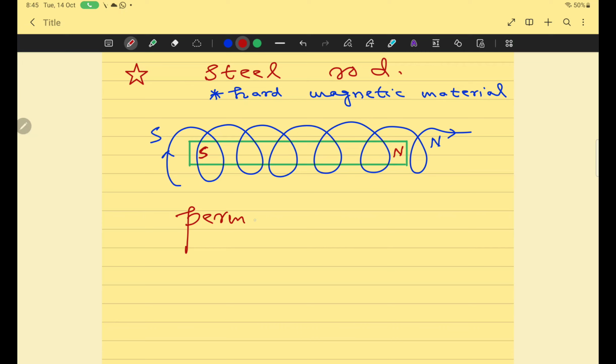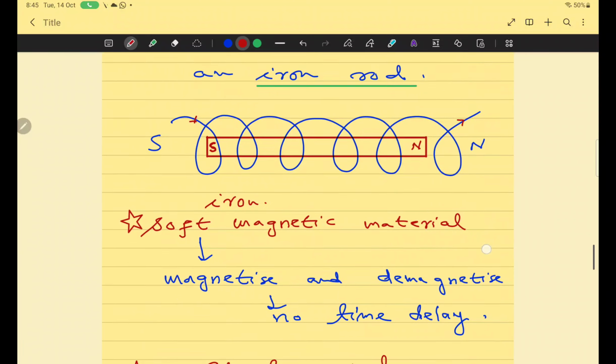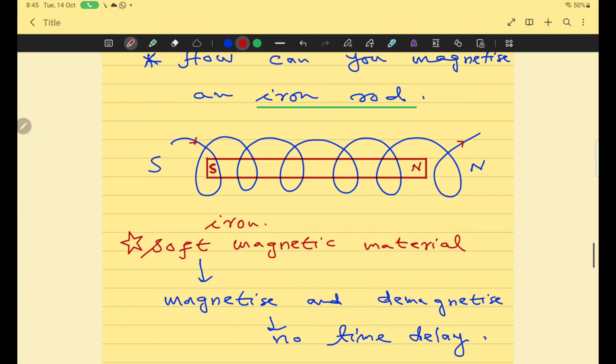It has become a permanent magnet. And permanent magnets are used in our daily life in different appliances. So a steel rod becomes a permanent magnet, whereas an iron rod is a soft magnetic material.